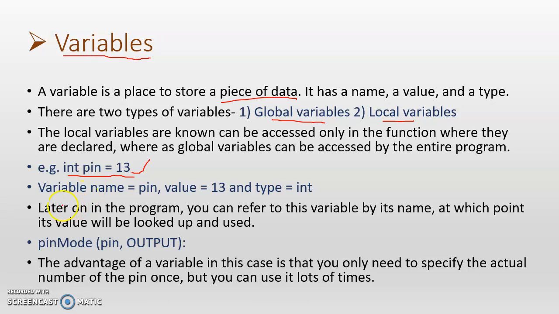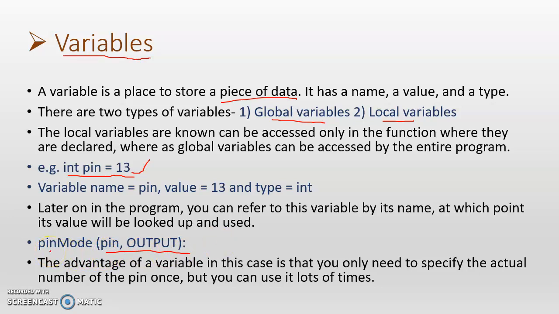Later on in the program, you can simply refer to this variable by its name, at which point its value will be looked up and used. For example, later in the program, if we have to use this variable name, we can simply use the command pinMode(pin, OUTPUT).